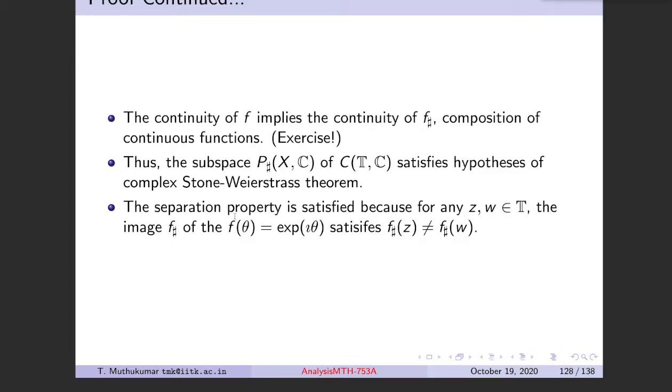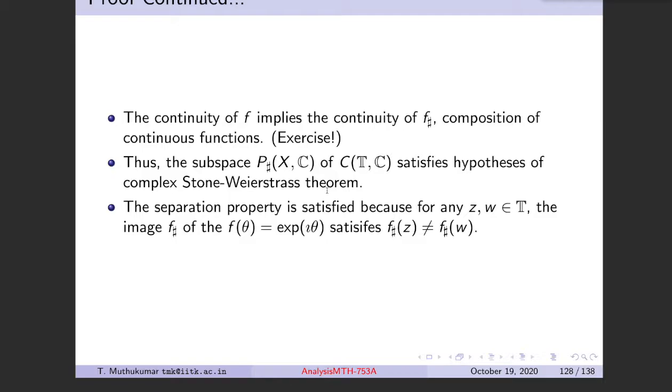This is the separation property which will be satisfied by P hash of T, C. So this subspace will satisfy all the hypotheses of the Stone-Weierstrass theorem, so it should be dense in C(T, C). Okay. So this shows that all trigonometric polynomials, complex valued, are dense in the space of 2 pi periodic continuous functions.